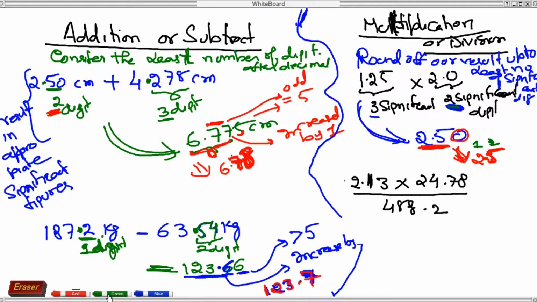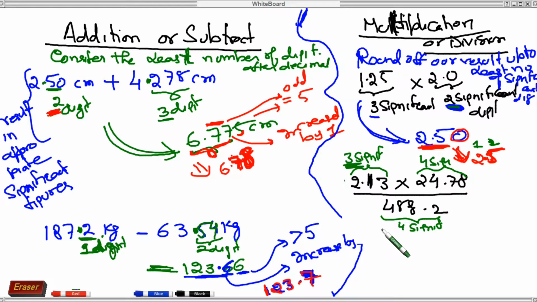Here we have 3 significant digits, here 4 significant digits, and here also 4 significant digits. So the least number of significant digits is 3, and our result will also contain the least number of significant digits.